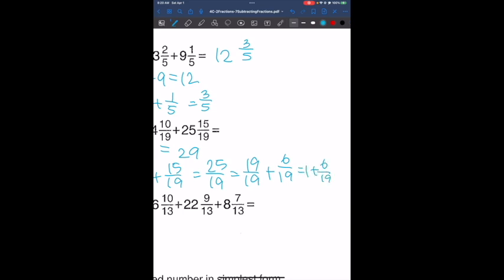And so adding the whole numbers, we have 29 plus 1 plus 6 over 19, which is 30 plus 6 over 19, or 30 and 6 over 19.